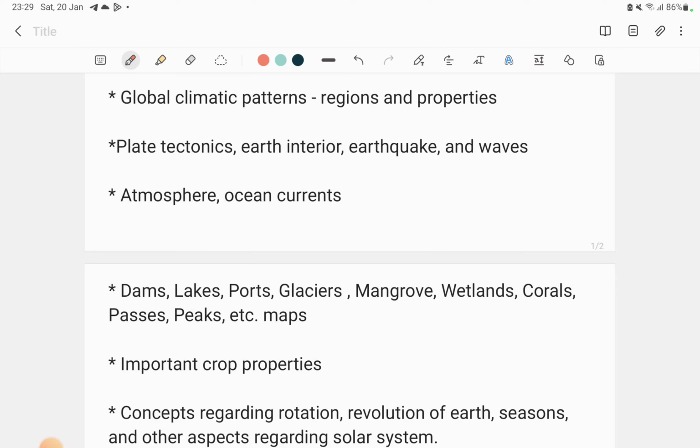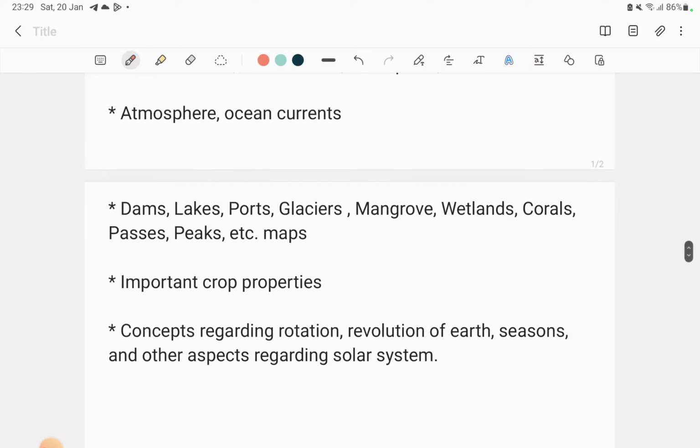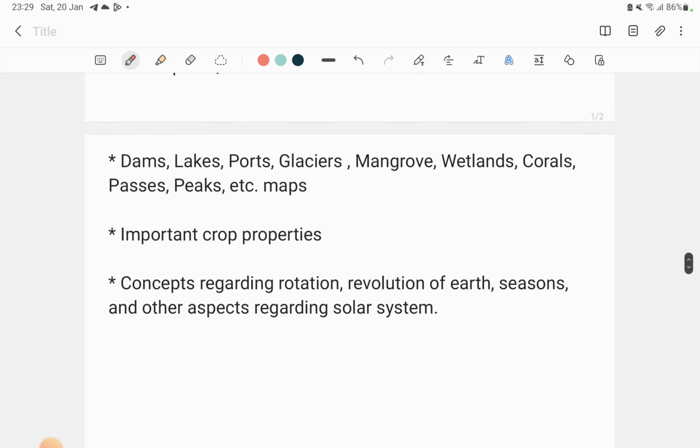Then ocean currents: where cold currents are, where warm ocean currents are, and how on the western side cold currents are there, on the eastern side warm currents are there. Various things regarding ocean currents, and even the names of different ocean currents. This topic is very important again, and you read it very nicely. It's again in the 11th physical NCERT. There are questions asked on that.